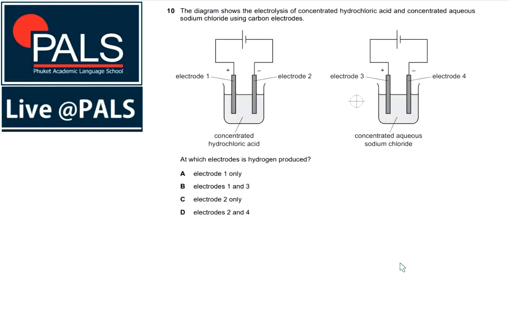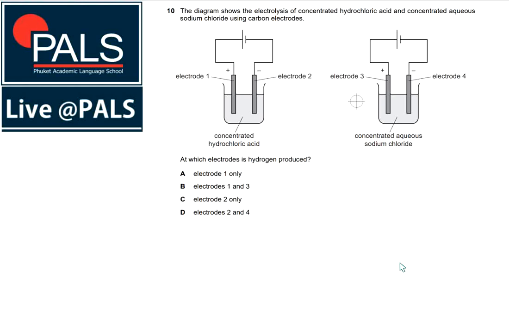The diagram shows the electrolysis of concentrated hydrochloric acid and concentrated aqueous sodium chloride using carbon electrodes. At which electrode is hydrogen produced? We all know that electrolysis is the splitting of hydrogen and oxygen. However, in this case, because of the hydrochloric acid, this is the splitting of the hydrogen from the chlorine.